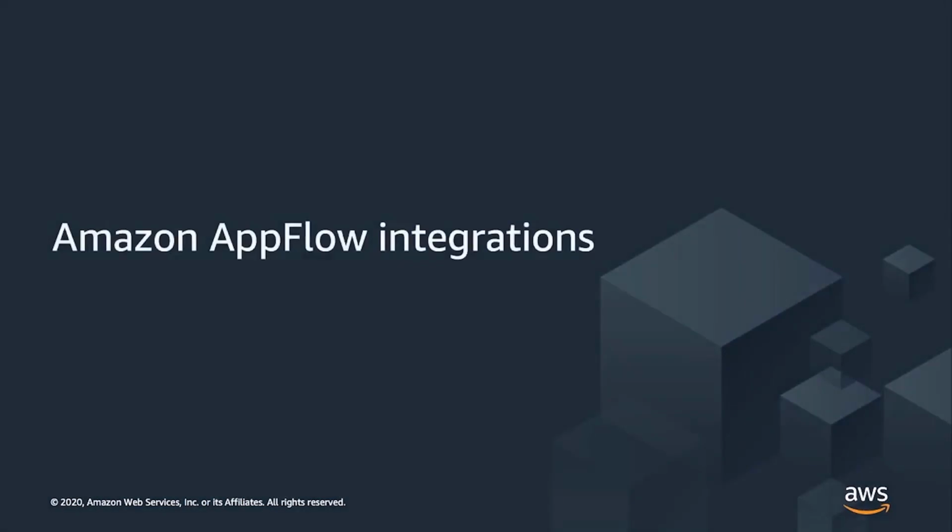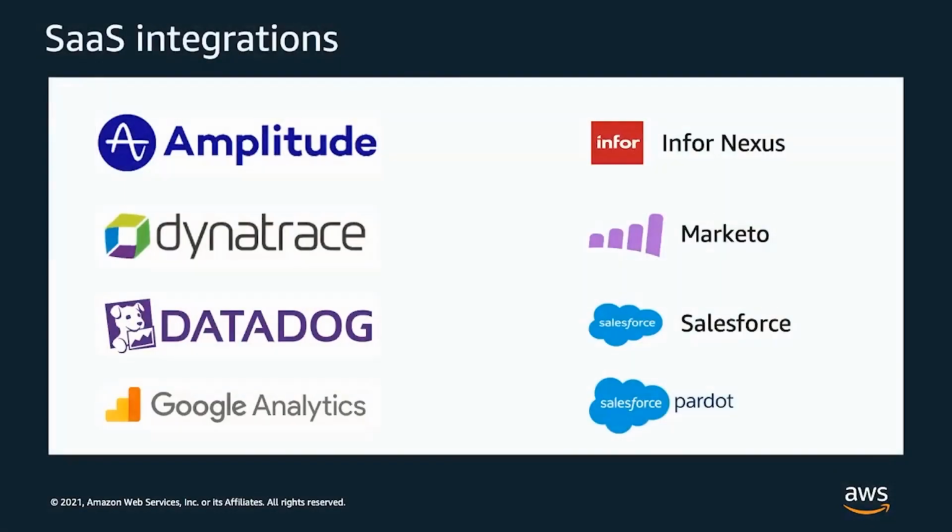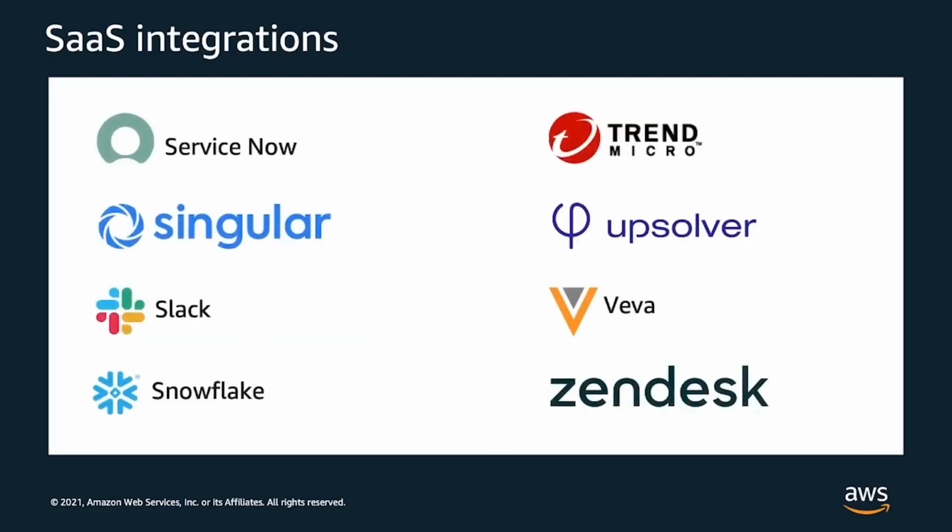So let's talk about some of these integrations that Amazon AppFlow supports. There are 16 SaaS integrations and 5 AWS service integrations. And you can see here we have Amplitude, Dynatrace, Datadog, Google Analytics, InfoNexus, Marketo, Salesforce and Salesforce Pardot, ServiceNow, Singular, Slack, communications there, Snowflake, Trend Micro, Upsolver, Veeva, and Zendesk.